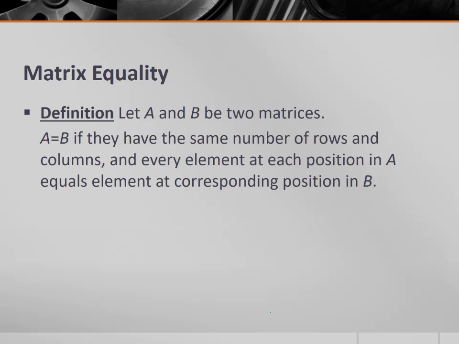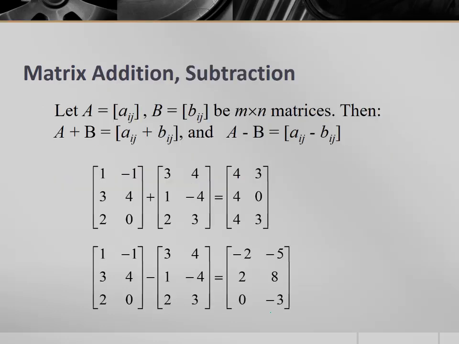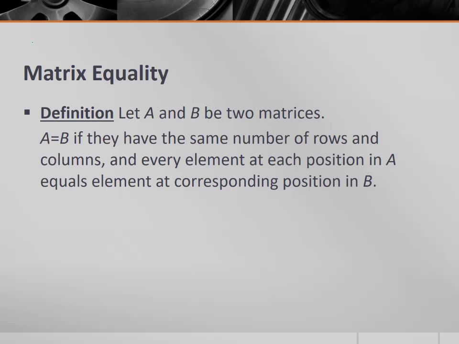Second, every element at each position in A should equal the element at the corresponding position in B. For example, let's talk about this matrix. Sometimes they use curly brackets, sometimes you can use round parentheses for a matrix. For example, 2 4 4 2. This is matrix A.